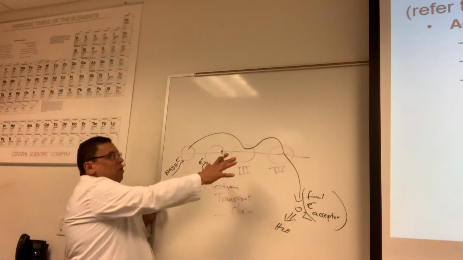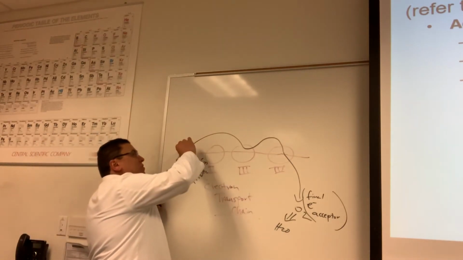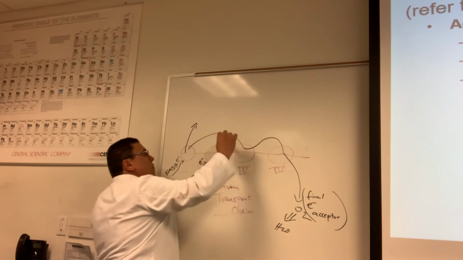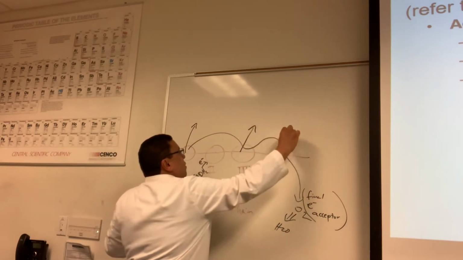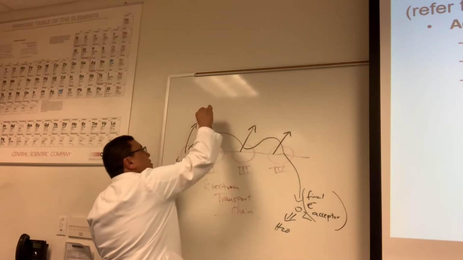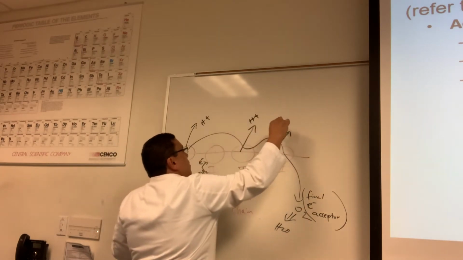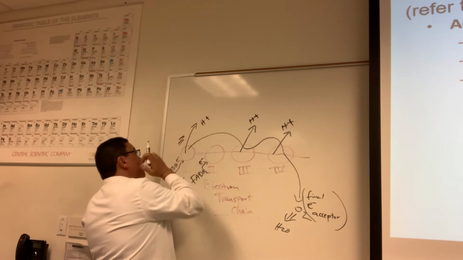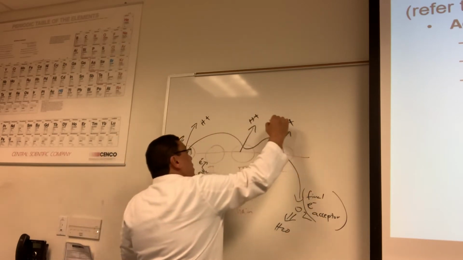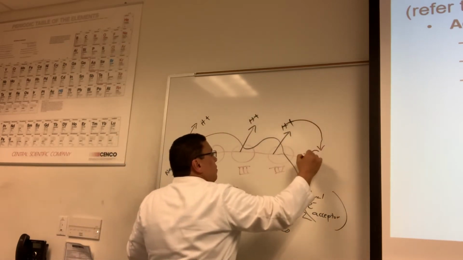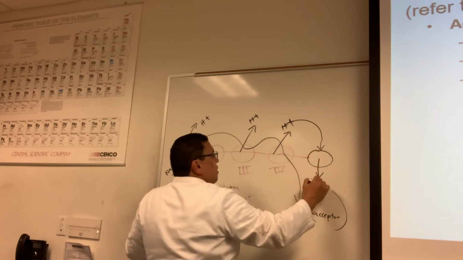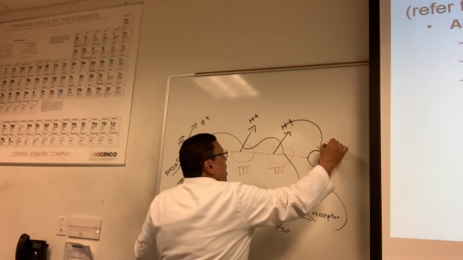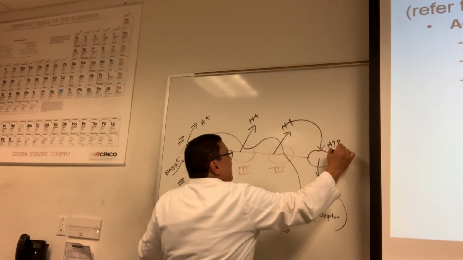Because when these electrons are transferred to oxygen, what's happening is hydrogen is being pumped out. Hydrogen from the matrix to the space. And then all the hydrogens come back into the matrix through something called ATP synthase.